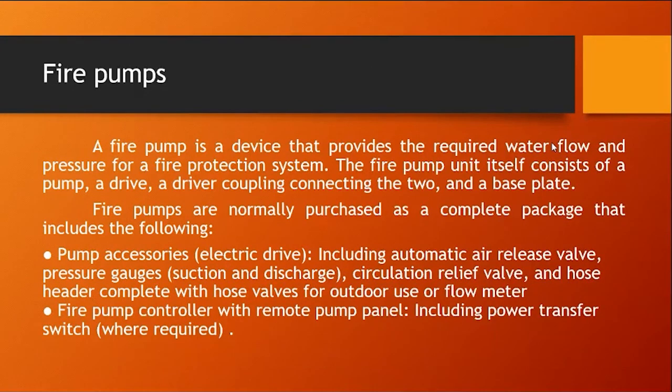The fire pump unit itself consists of a pump, a driver, a coupling connecting the two, and the base plate. Fire pumps are normally purchased as a complete package that includes the following. First is the pump accessory or the electric drive, including automatic air release valves, pressure gauges, circulation relief valve, and hose header complete with hose valves for outdoor use or flow meter.